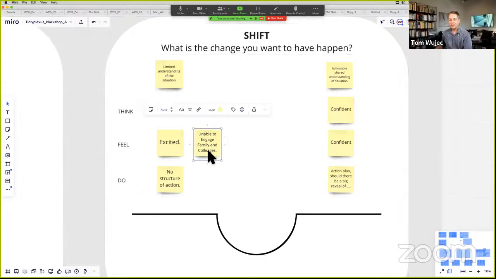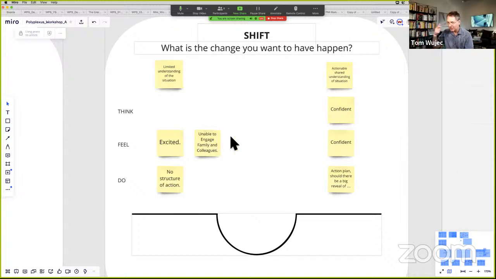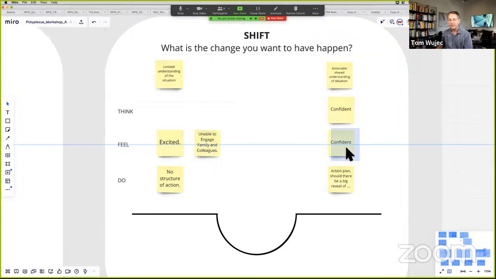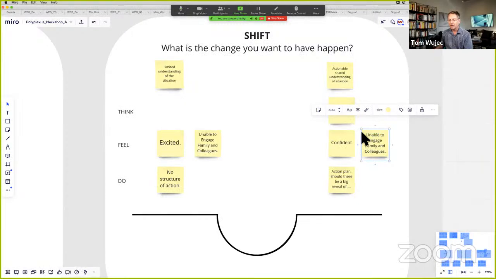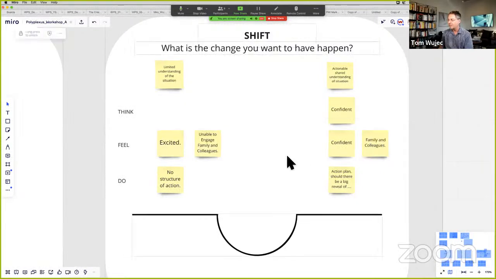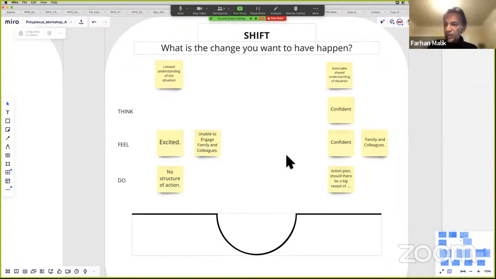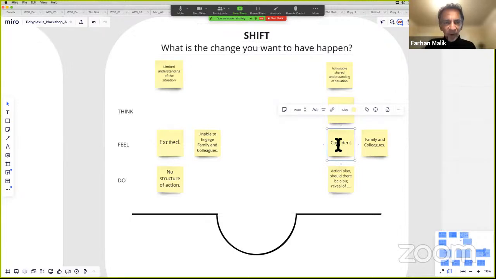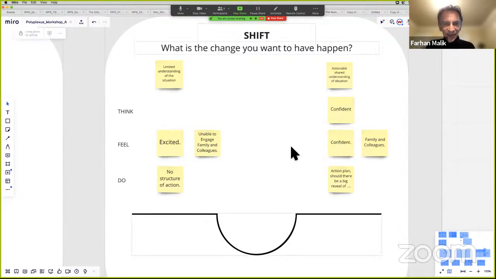If I put this framework here, I guess I'm trying to listen to what's behind it: unable to engage family and colleagues, to engaging family and colleagues. Am I overstepping? Am I reading too much? In terms of engagement, there isn't any wrong person to engage on the topic. That's my perspective on the matter.